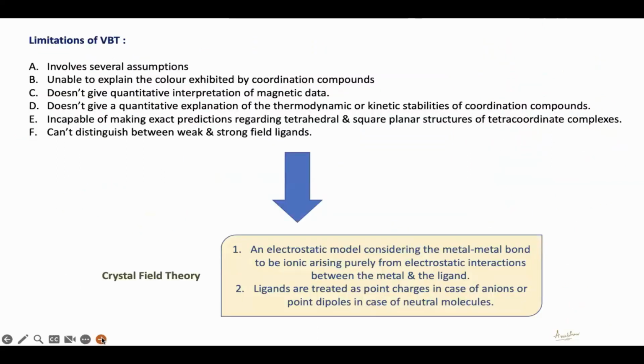By this slide we will draw the conclusion to this section, the limitations of the valence bond theory. Every theory has some limitations. Just like Werner's theory was able to illustrate many examples, valence bond theory was not able to answer several questions.